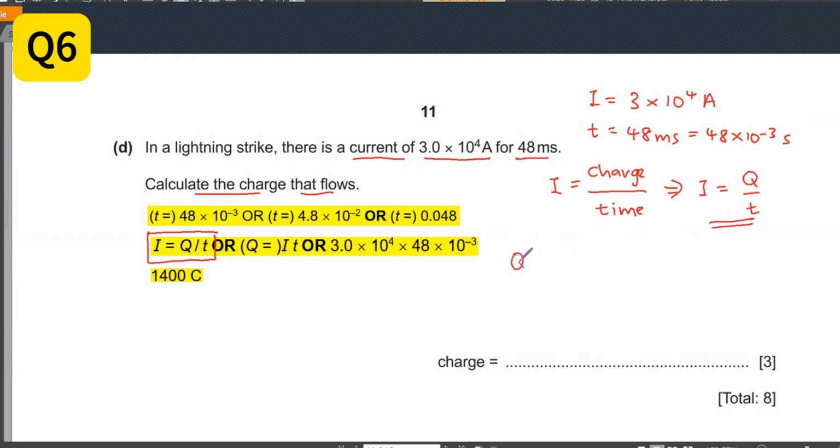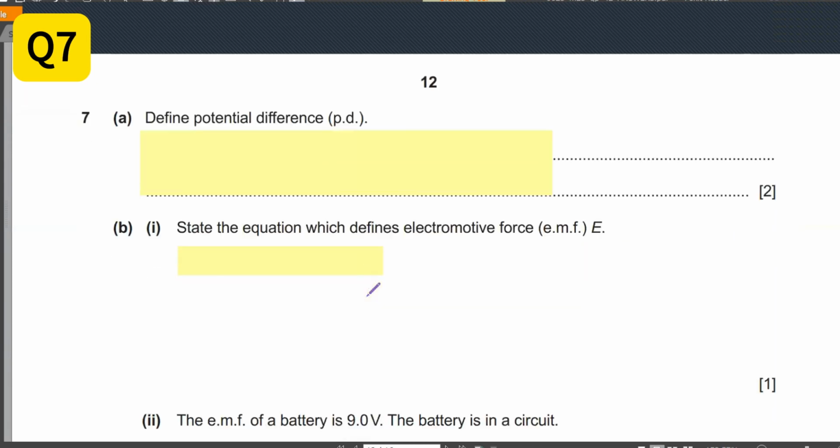Q equals IT. So I is 3 times 10 to the power of 4 multiplied by time, 48 multiplied by 10 to the power of -3. Evaluate this, and that will give us 1,400 for the amount of charge. The unit is coulomb. Straightforward. Next question.